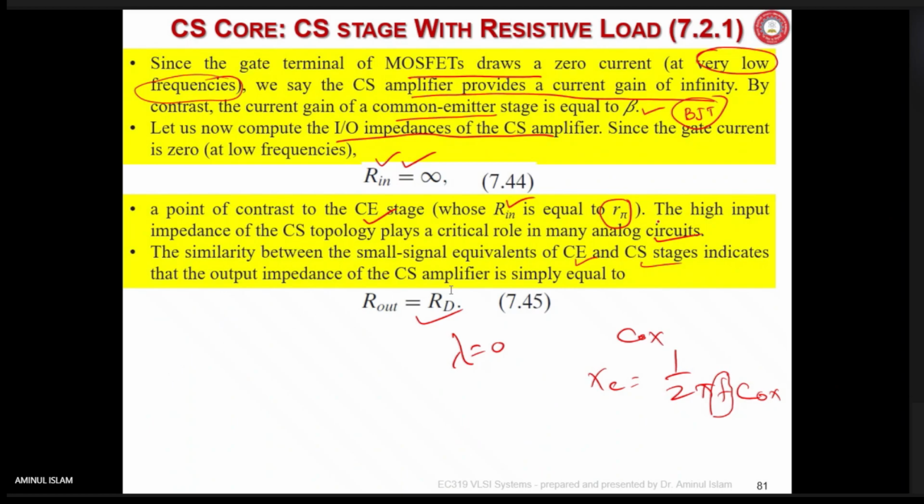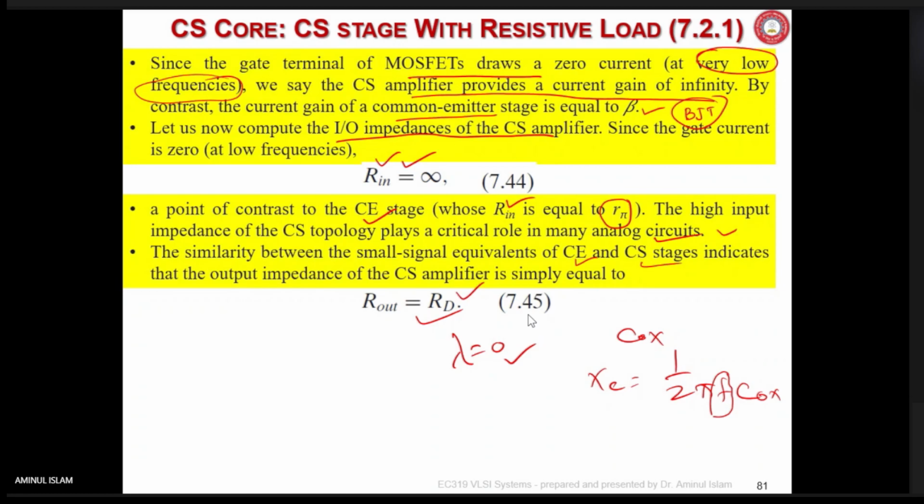The high input impedance of the CS topology plays a critical role in many analog circuits. It is very good. The similarity between the small signal equivalents of CE and CS stages indicates that the output impedance of the CS amplifier is simply Rout equals RD. Lambda, of course, should be 0. Is it understood?